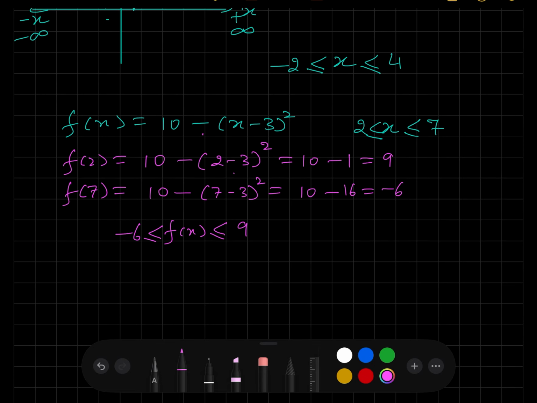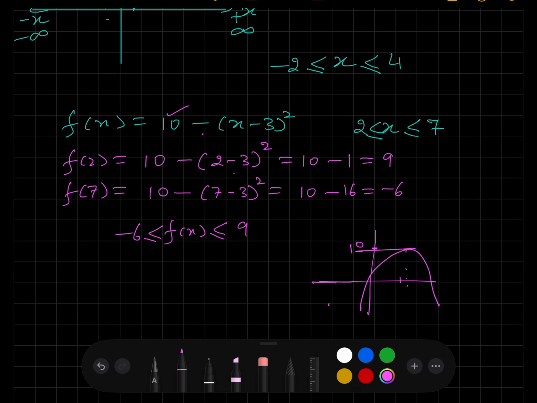Negative (x minus 3) whole squared means my curve is somewhat like this, and it is always less than 10, because 10 is the maximum value here. Oh, I'm sorry, this is x minus 3, so it is shifted. X minus 3 means it will be here, this kind of curve, but this value would be 10.